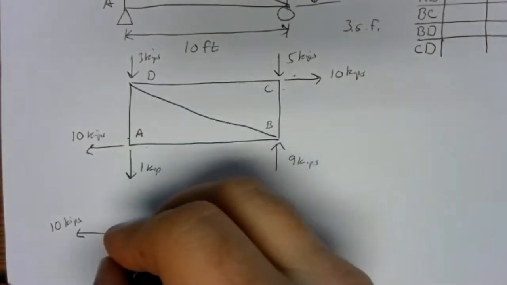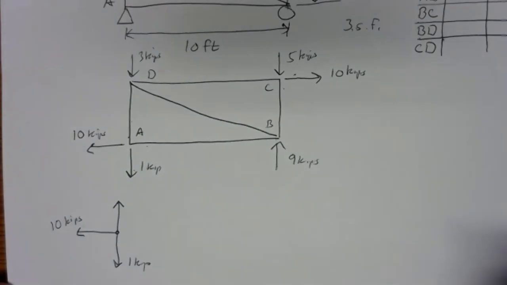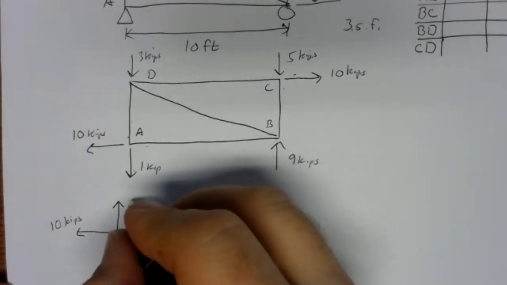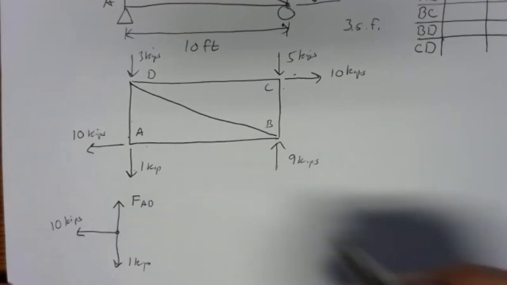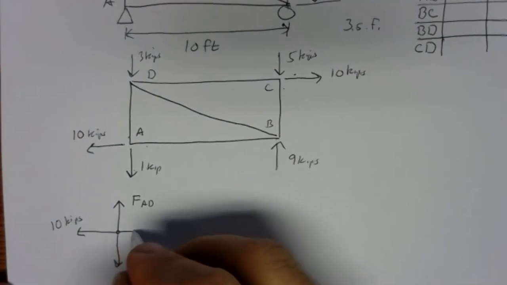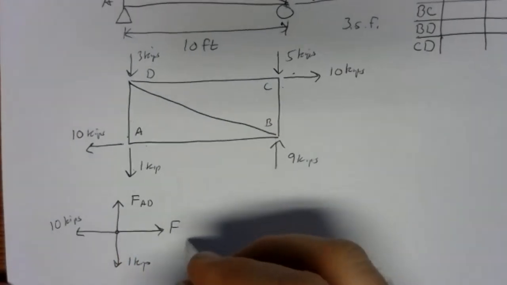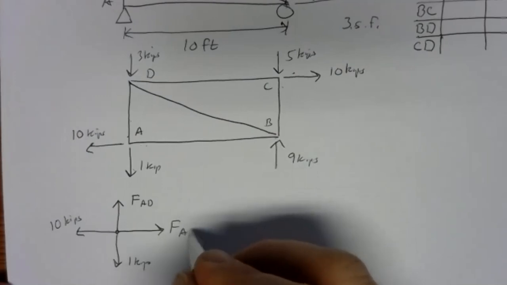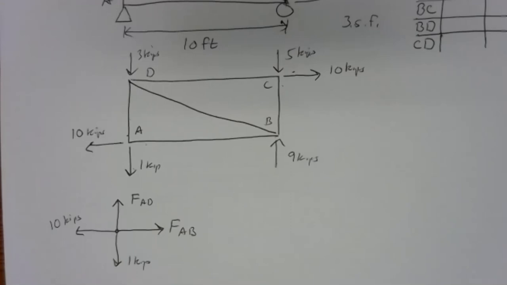So member AD, I'm going to draw that it pulls on joint A, and that'll be FAD. And then member AB, I'm also going to draw that it pulls on joint A. So there's FAB.